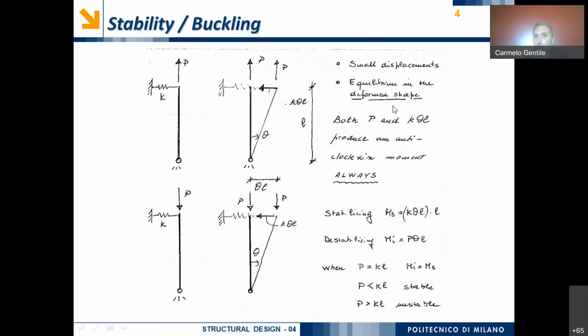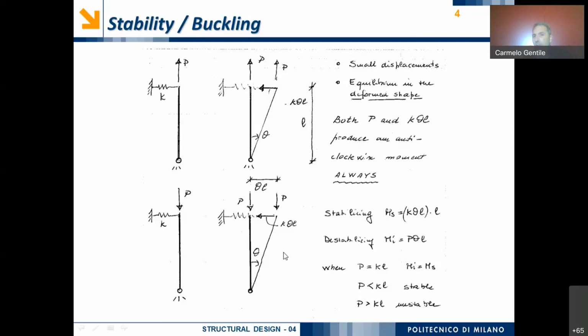In the small displacement field, its elongation is equal to theta L, and so the force in the spring is K times theta L. But now, if we look at the moments with respect to the hinge at the ground, we can observe that the compression force generates a moment which is destabilizing because it is clockwise, and the effect of this moment is moving our beam far from its original equilibrium position.